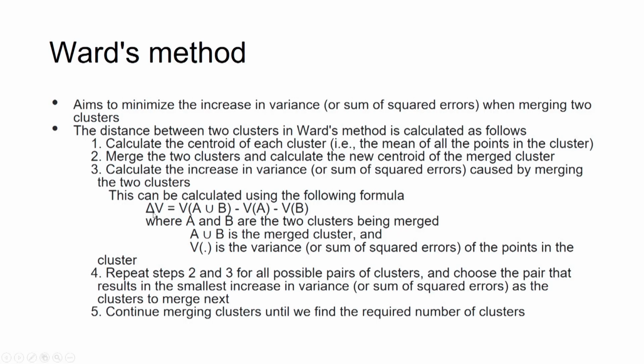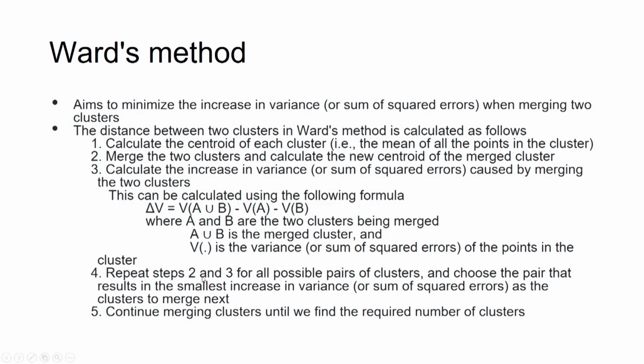So, we will merge those two clusters for which delta V, the increase in variance, is minimum. In this way we can find which two clusters we should merge at a particular step of agglomerative clustering.